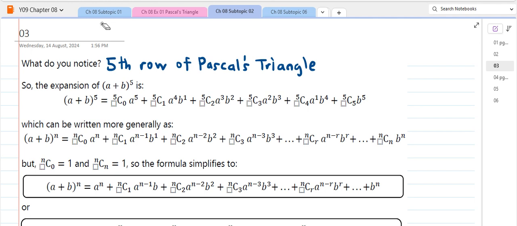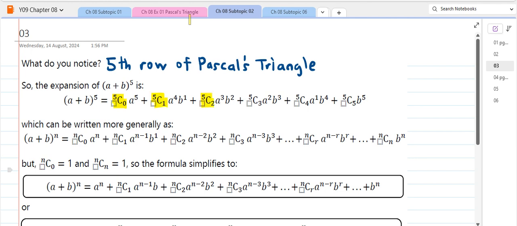As we covered last time, a binomial term is an expression with two terms, for example a plus b, with a power outside. You just have to replace the coefficient in Pascal's triangle with the combination button.